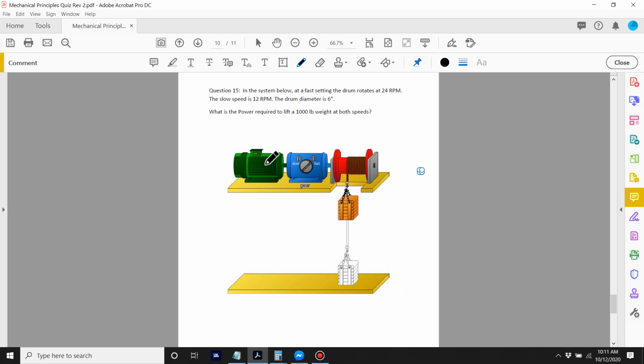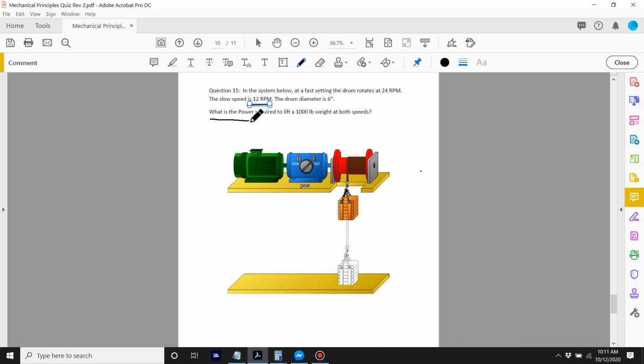We have a motor. We have a gearbox. We have a winch. In the system below, at a fast setting, the drum rotates at 24 RPM. The slow speed is 12 RPM. The drum diameter is 6 inches.